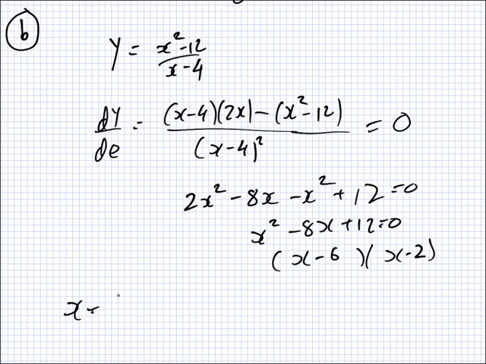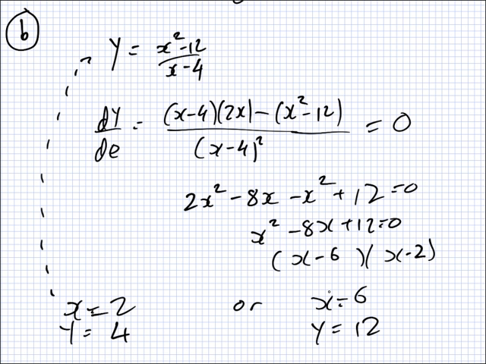So x equals 2 or x equals 6, and then we can get the y's by subbing it back into this. 2 squared is 4, 4 minus 12 is minus 8, minus 8 over minus 2 is 4. 36 minus 12 is 24, 12 then, I think. There are the 2 answers here.